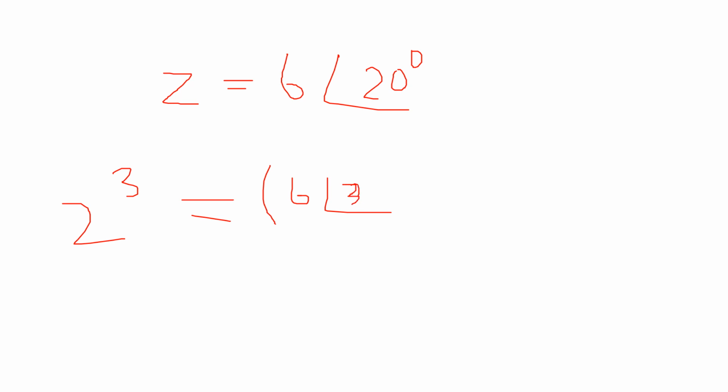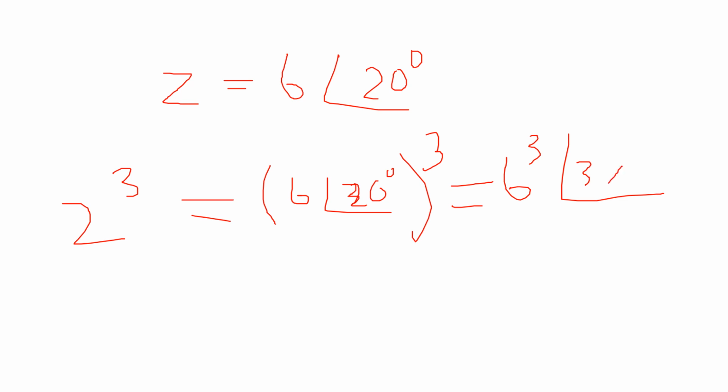Remember, what you do on your left, you also do on your right. So everything is cubed. When everything is cubed, the exponent will be the exponent of the number, so it's going to be 6 cubed. But then this exponent will multiply with the angle inside, so it's going to be 3 times 20.